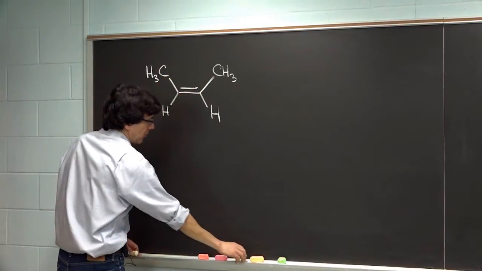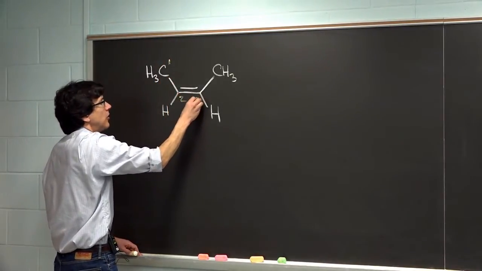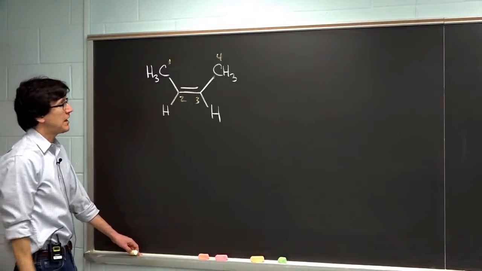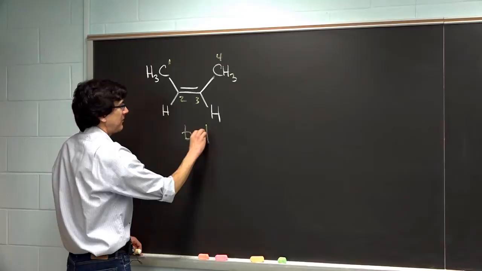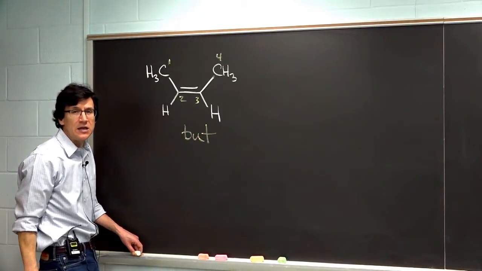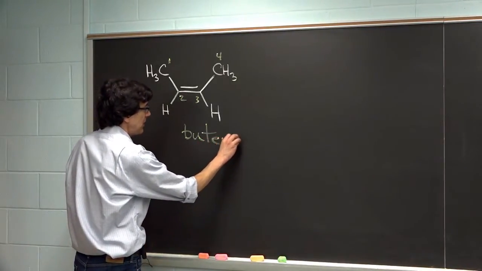So let me just number those carbons here: 1, 2, 3, and 4. This would be named as a derivative of butane, except it's not an ane, it's an ene because it has a double bond in it. So it would be butene.